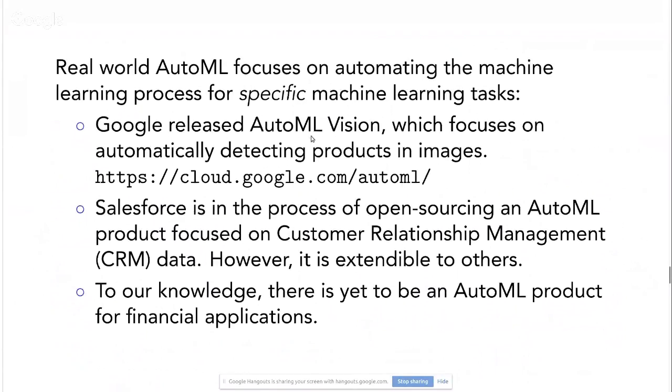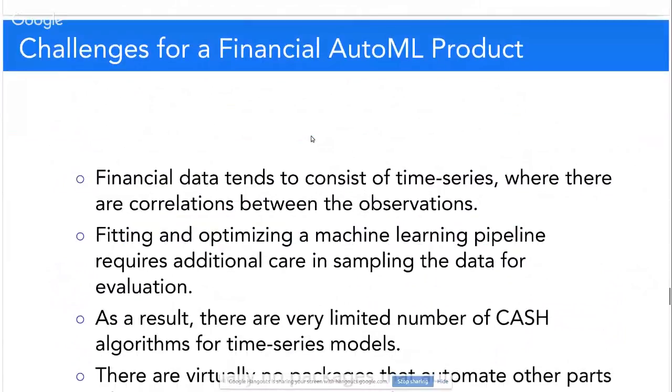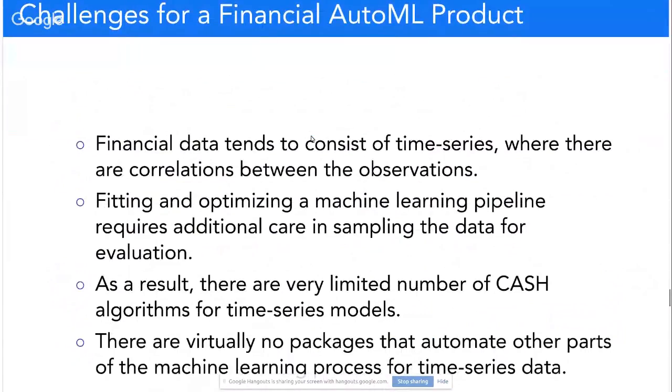To our knowledge, there's not any AutoML products for financial applications, and I think there's a few reasons for that. The first reason is that financial data tends to consist of time series, and there's correlation between the observations. So any model or AutoML process has to take that correlation into account.